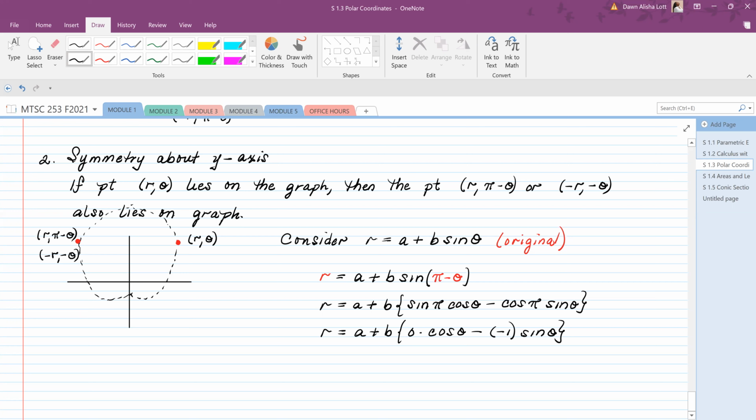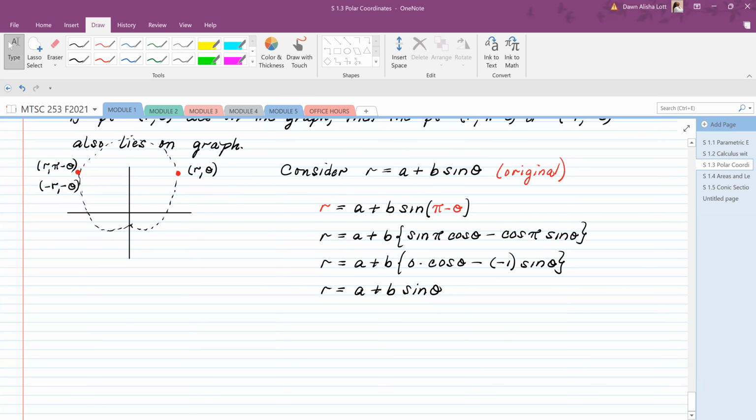And it works. So I get r is equal to a plus b sine theta. So yes, that's symmetric about the y. So it's recovered. So they give me the same equation. Okay, and then the last symmetry is symmetry about the origin.